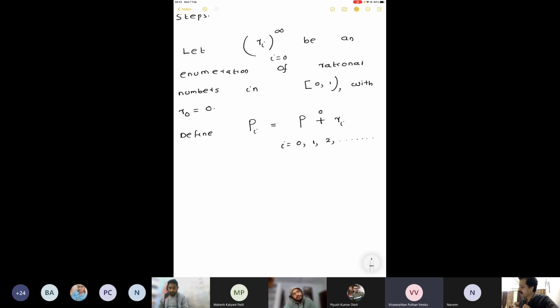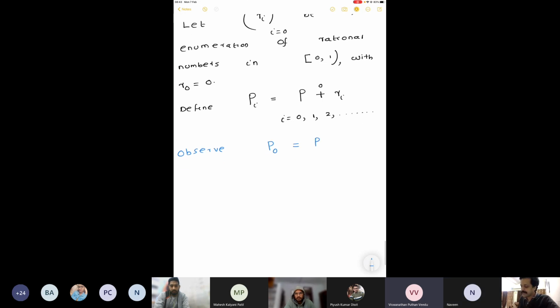Thus, you now have a countable collection of sets. Now I am going to note a few observations about this P_i. First observation is that P_0 is P itself. It is trivial. Now, the second observation is the following: the P_i are distinct.